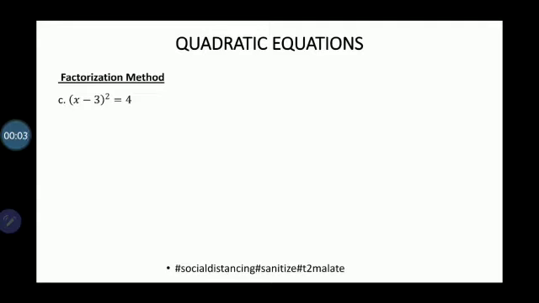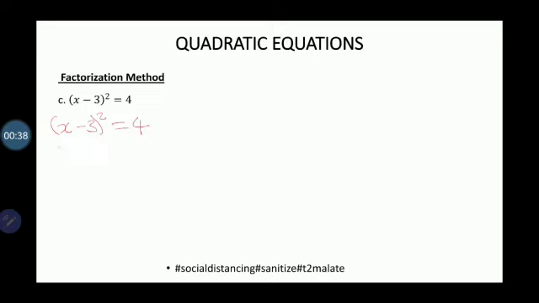So for our last example, using the factorization method, we solve (x minus 3) squared is equal to 4. Whenever you have an equation of this sort, first of all, work out the brackets. So we're going to have (x minus 3) squared is equal to 4. For this one, by now I'm sure everyone has their own method that they find easy to work out a square of any equation.